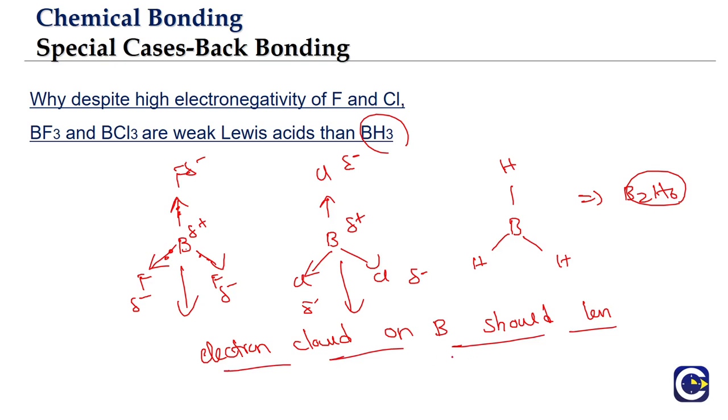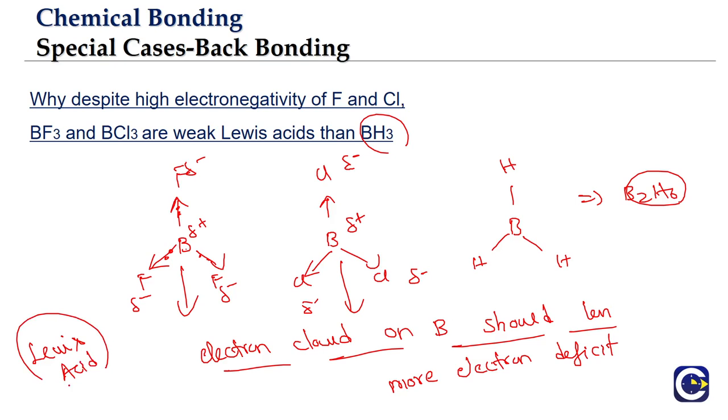Which means what? This central atom should become more electron deficit, which means what? It should gain more Lewis acid behavior. What is a Lewis acid? Lewis acids are those substances that can accept a lone pair of electrons. That is what we call Lewis acids.